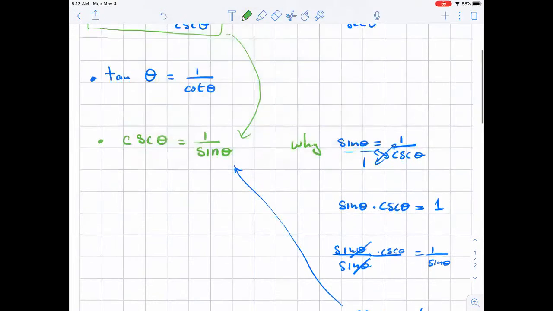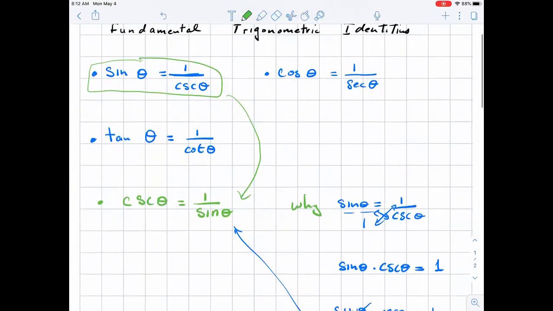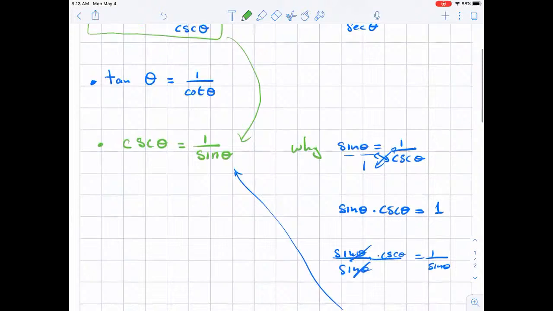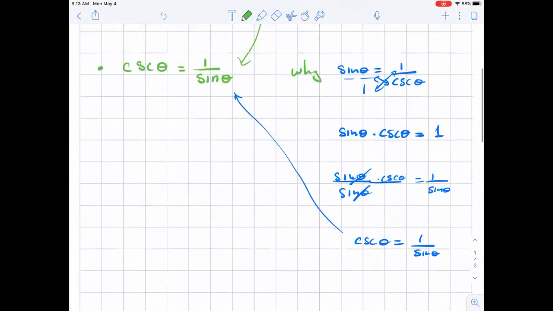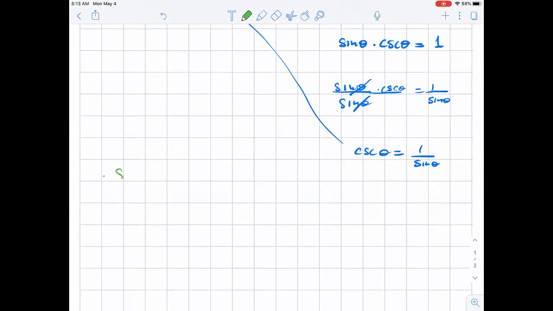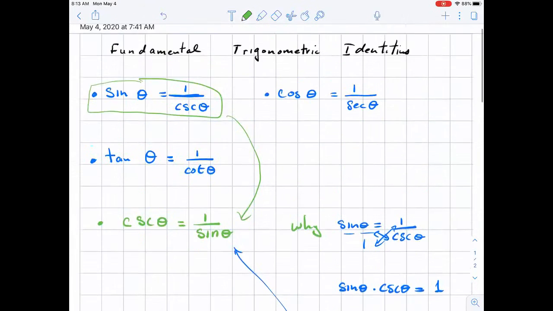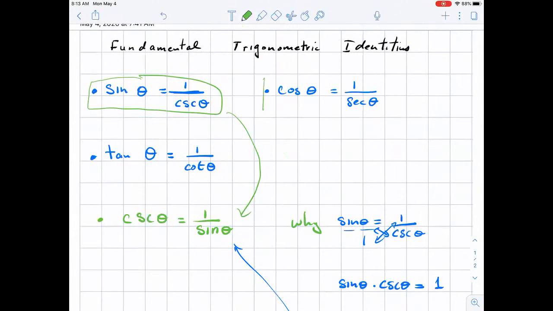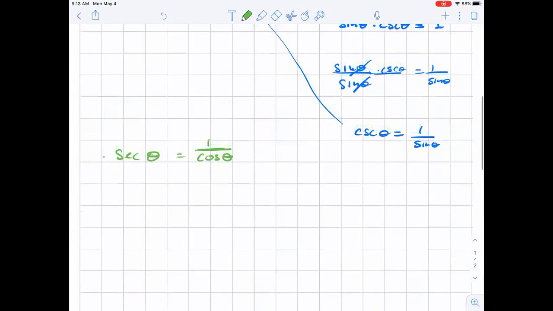So then, if we know cosecant, we can also say that secant of theta is equal to 1 over cosine of theta. Right? And you can take this one here and do the work that I showed and see how you end up with this.